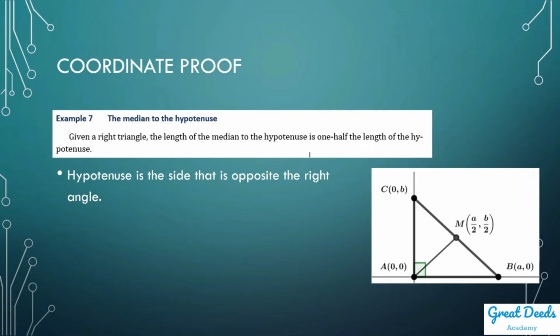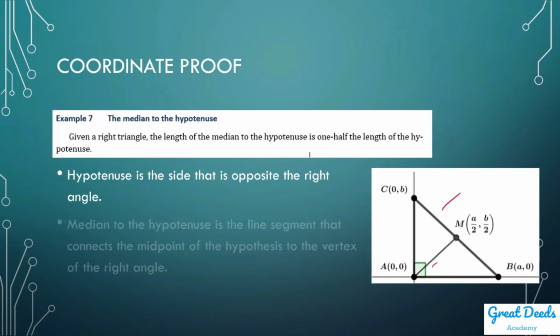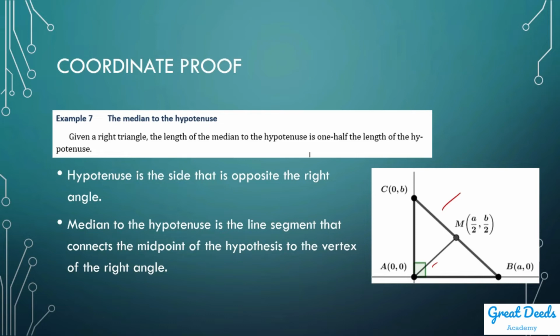Hypotenuse. So the hypotenuse is this side that is opposite to your right angle. Okay? What is the median to the hypotenuse? So a median is like a line segment. It's a line segment whose endpoint, in this case, would be the vertex of your right angle.